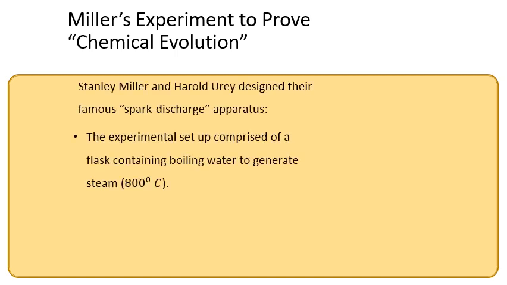Regarding this theory, an experiment was conducted by a well-known scientist, Stanley Miller, in order to support the theory of chemical evolution. Let us know about the experimental setup carried out by Stanley Miller.